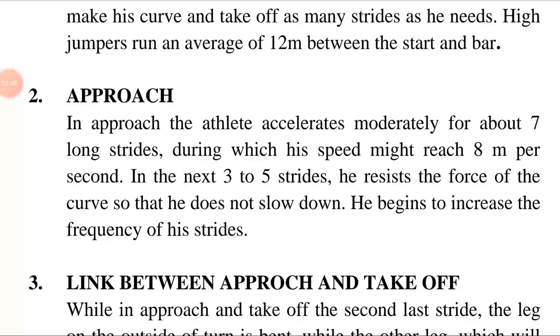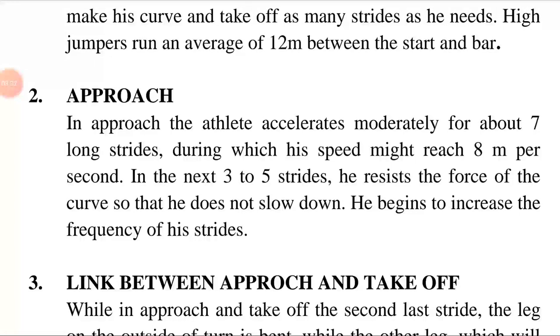Approach means a high jump approach follows a basic J-style turn that creates centrifugal force to propel the athlete around the curve of the jump and up over the bar. The approach can vary from 8 to 12 steps. Generally speaking, women run 8 to 10 steps and men run 10 to 12 steps.